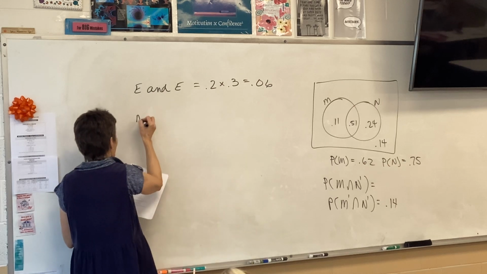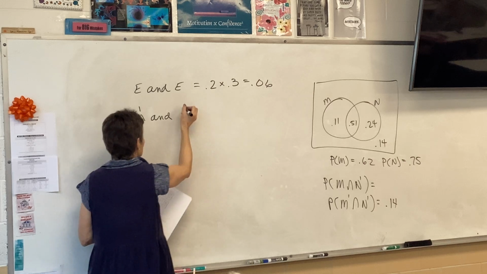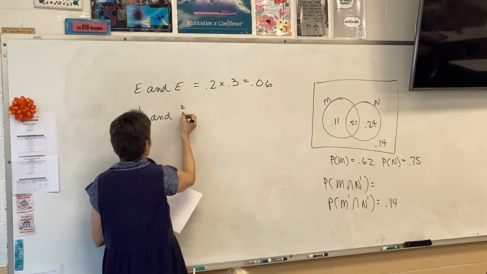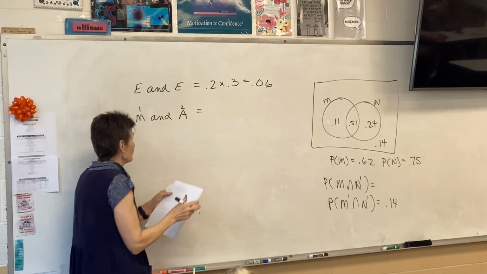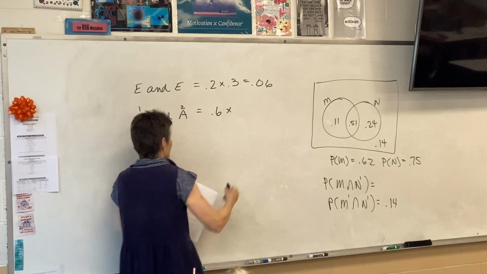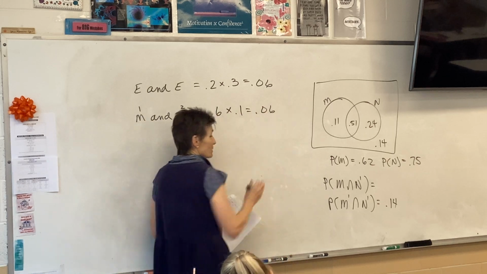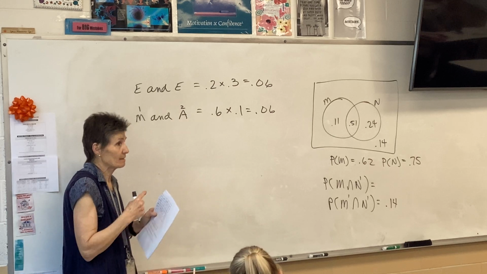First likes math, and second likes art. This sounds like one I did yesterday. All right, so first likes math, that would be 0.6. Second likes art, that would be 0.1. I got another 0.06. How about you? No, that's it. That problem's done.